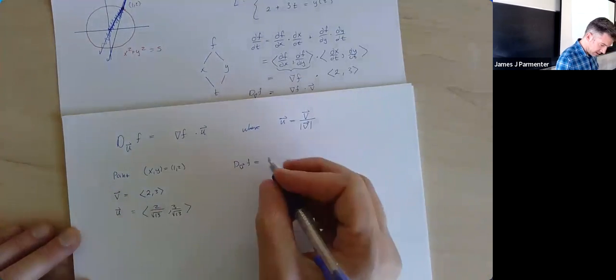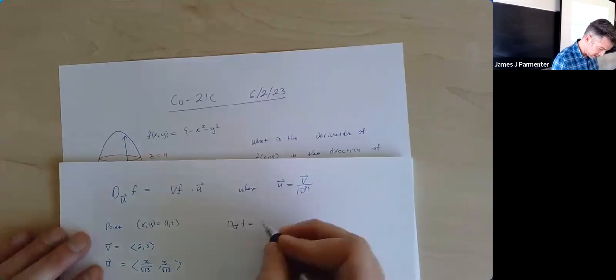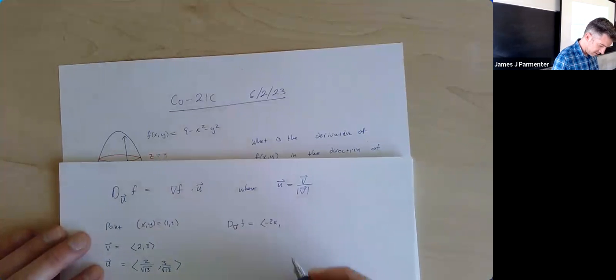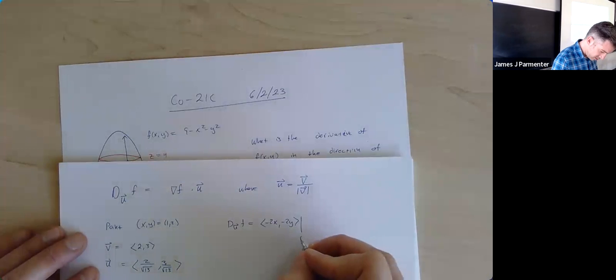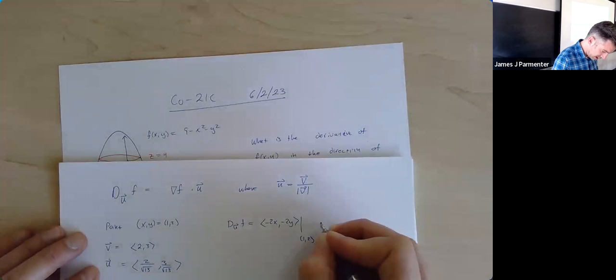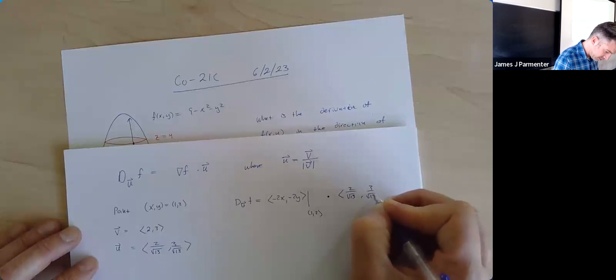well, my gradient is, I didn't actually find the gradient. I should write down what it is. The partial derivative with respect to x is going to be negative 2x. The partial with respect to y is going to be negative 2y. Evaluated at the point (1, 2), dotted with my unit vector, which is 2 over root 13, 3 over root 13.